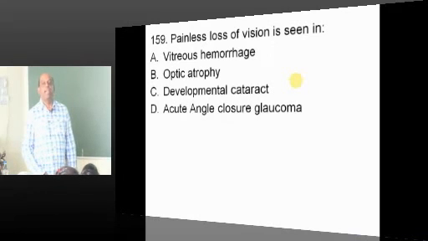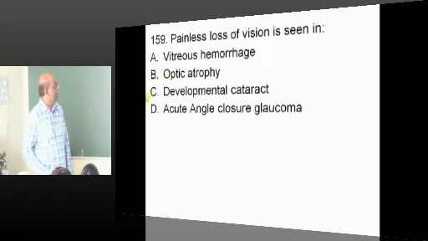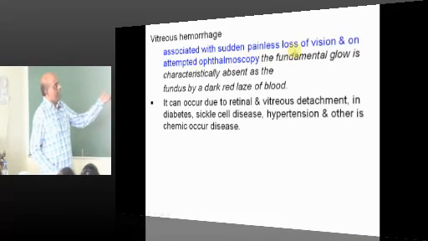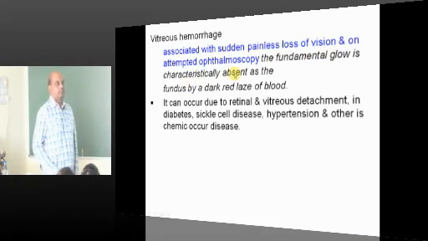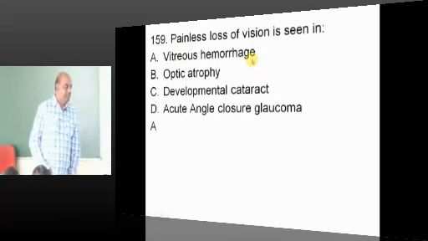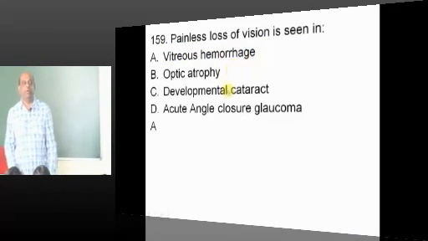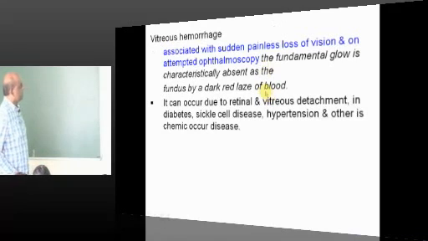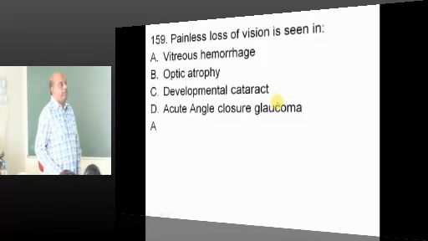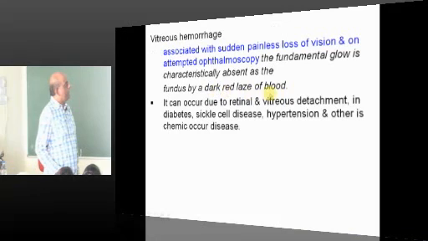I'm not talking about pain, sir, I'm talking about senile cataract. Vitreous hemorrhage is basically sudden painless loss of vision. Maybe if we add 'sudden', the question will be more complete. Question is not correct. Sir, optic atrophy. Optic atrophy is not included in the painless causes.